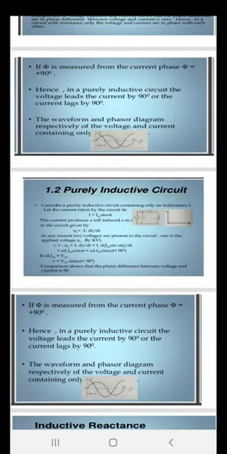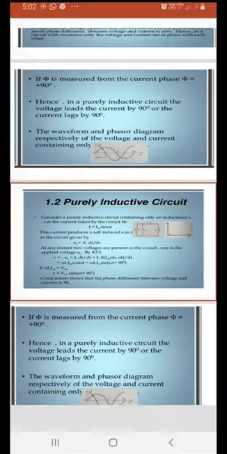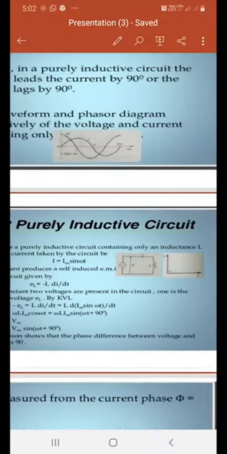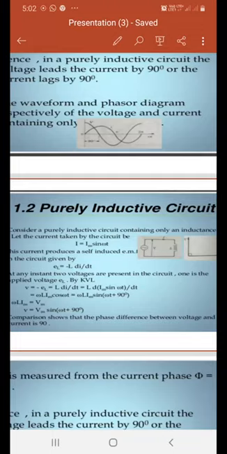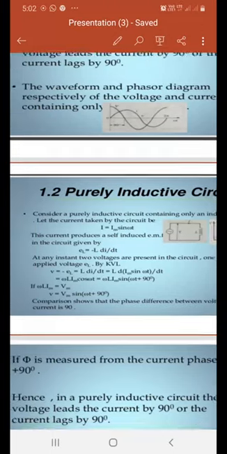Then the next point is the purely inductive circuit. Consider a purely inductive circuit containing only an inductance L, where current produces a self-induced EMF. See in the figure the coil, that is the inductive coil, and this winding is called the inductive winding.